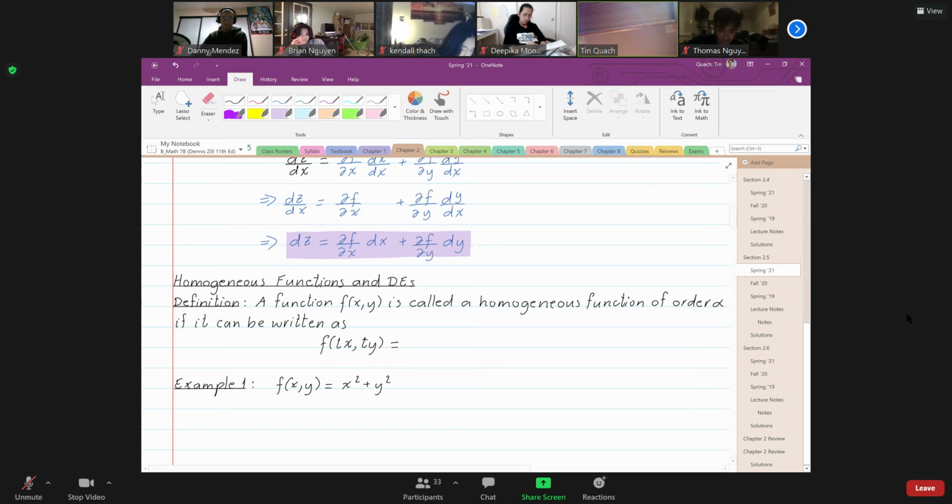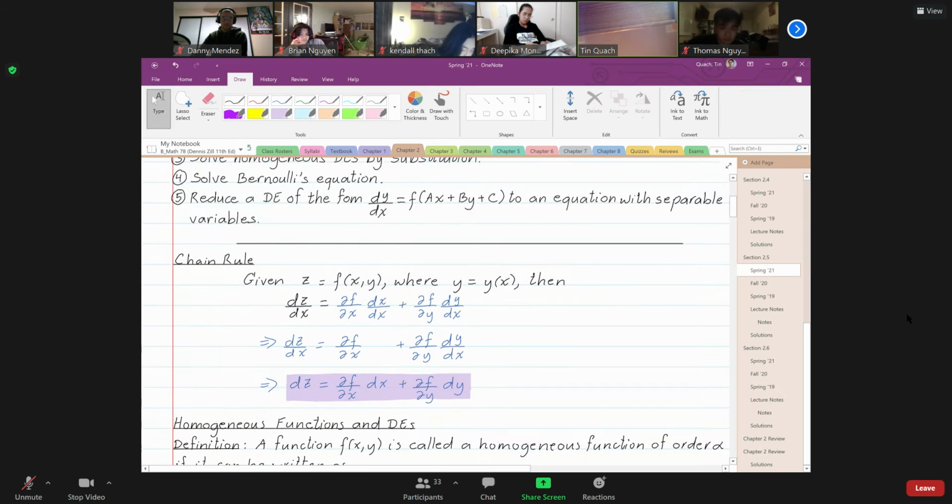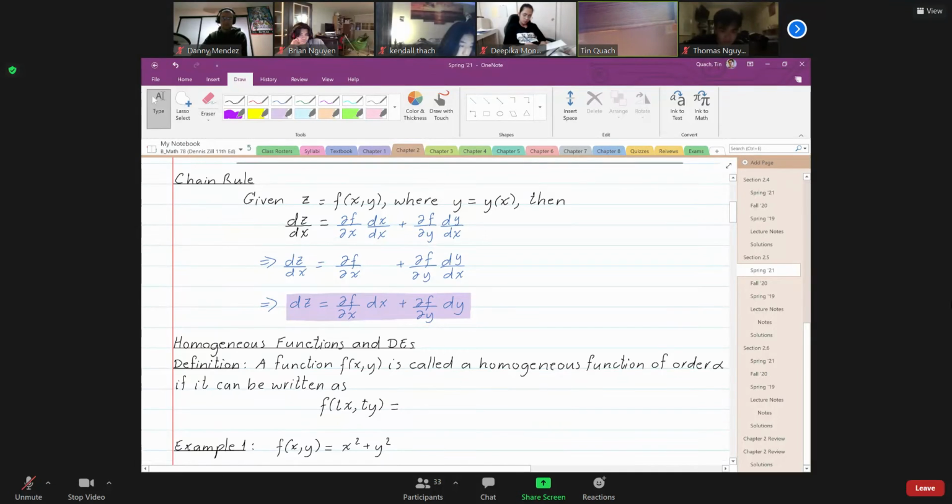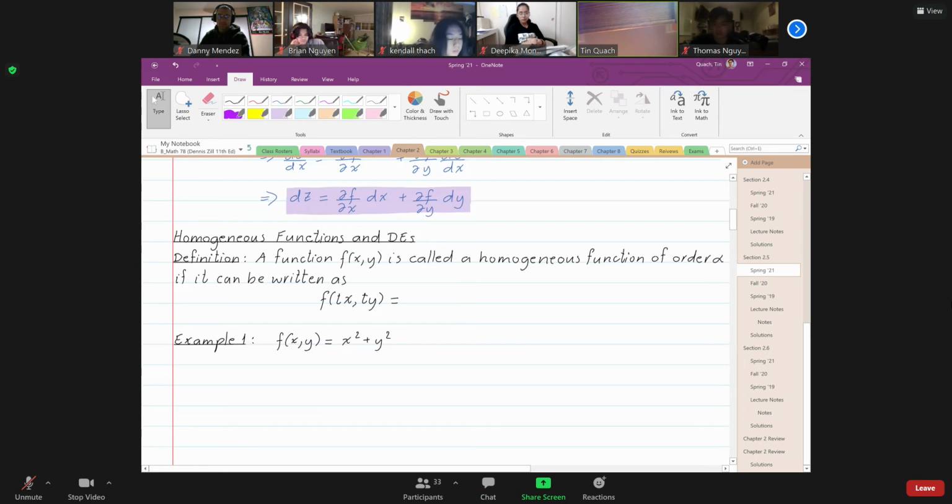Okay, so that is the chain rule that you learned in Calculus 3. Again, for those of you who did not take Calculus 3, it's okay. This is just like how you would learn it when you take Calculus 3 from the beginning. They show you this. Now let's talk about homogeneous functions.